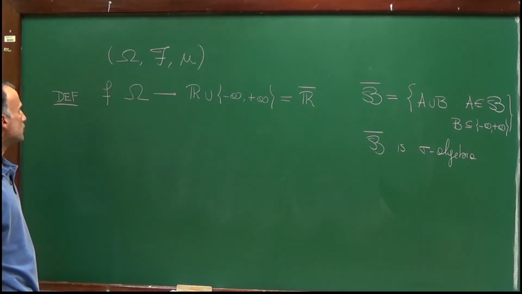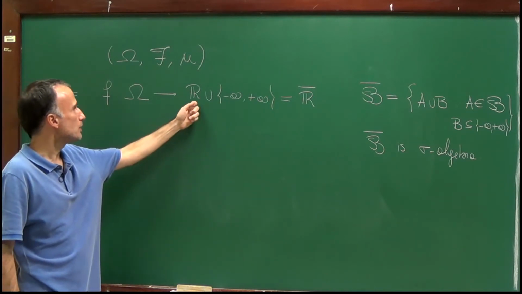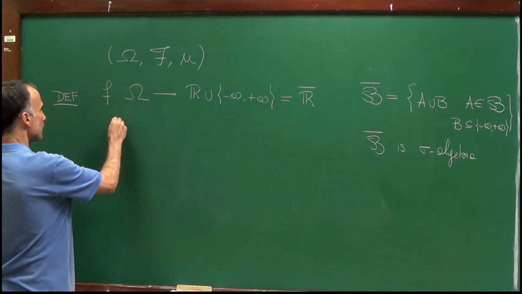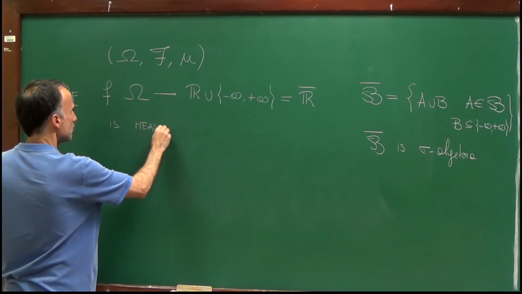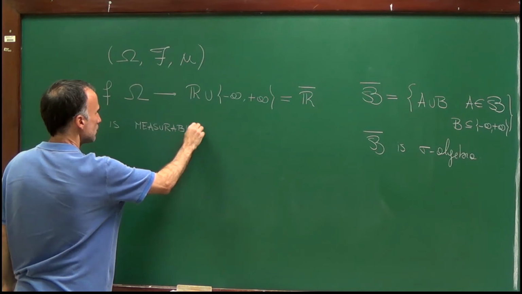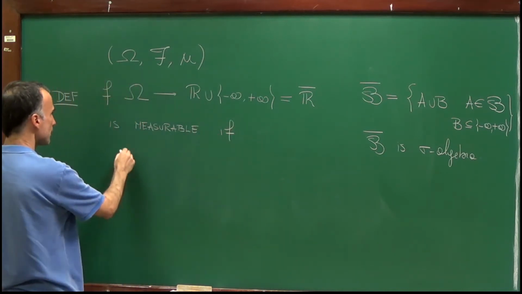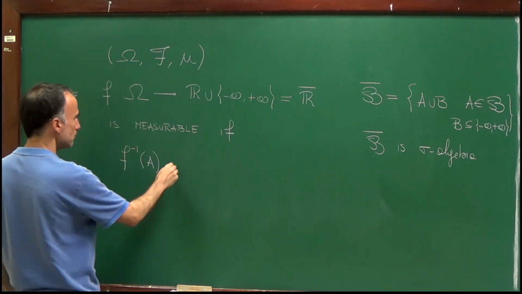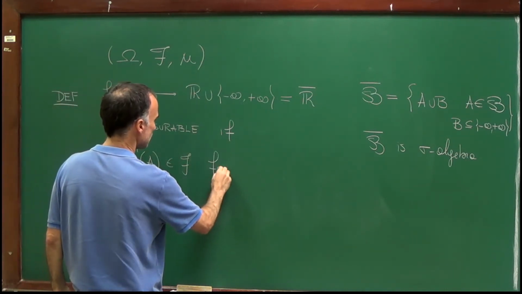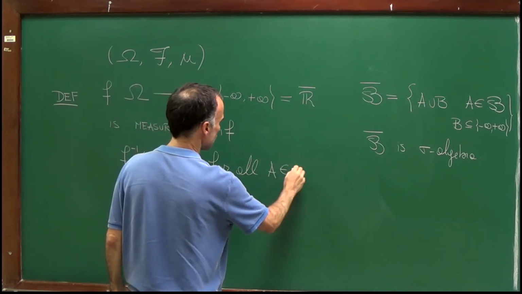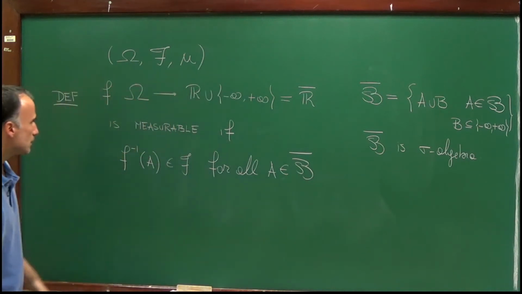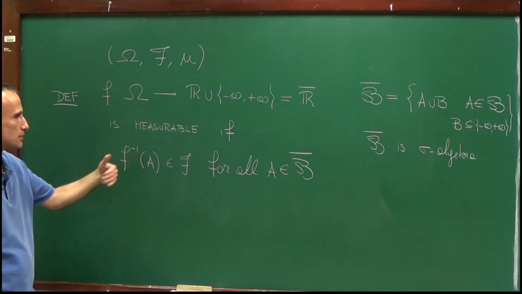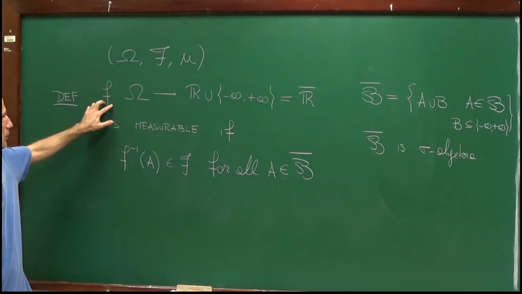So given this measurable space, I would say that a function taking values in the extended set R is measurable if the inverse image of any set A in B bar belongs to F. And we have seen why we define this concept of measurability, because it will be important in order to define the integral of the function f.